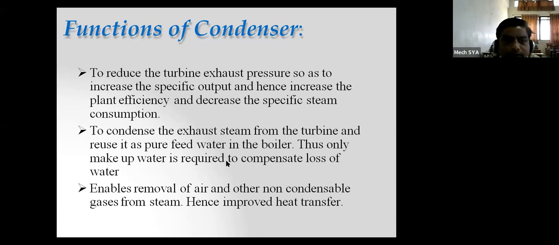Since it is pure feed water, it requires less makeup or compensates some losses. In the case of surface condensers, water treatment is not required. It also enables removal of air and other non-condensable gases from the steam with the help of an external pump.